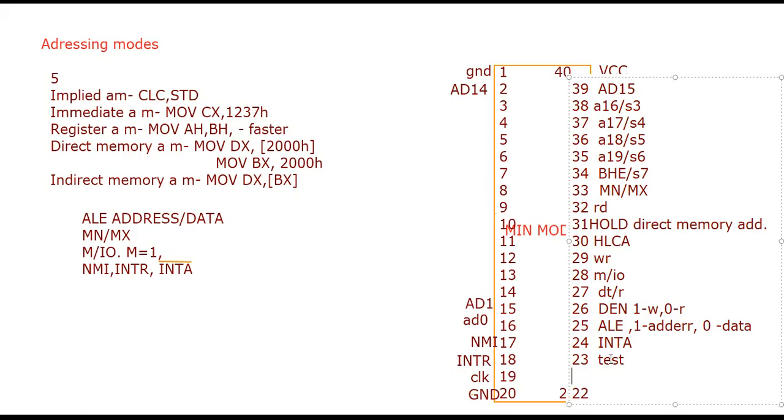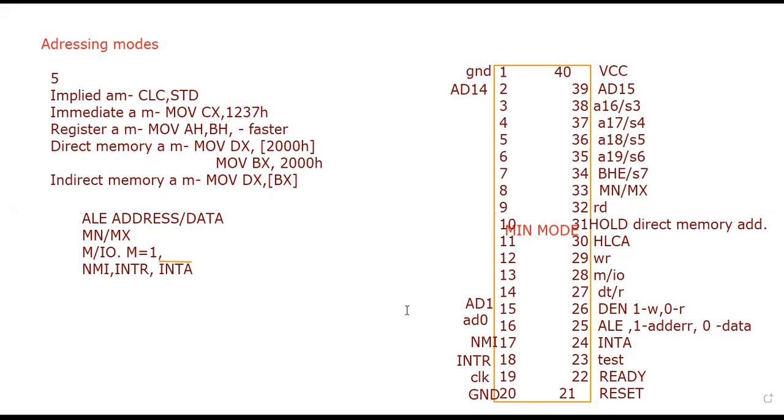Then next is ready, whether your device is ready to use or not. And the last is reset. Whenever your operation is performed, we can reset it or retrieve the old values.